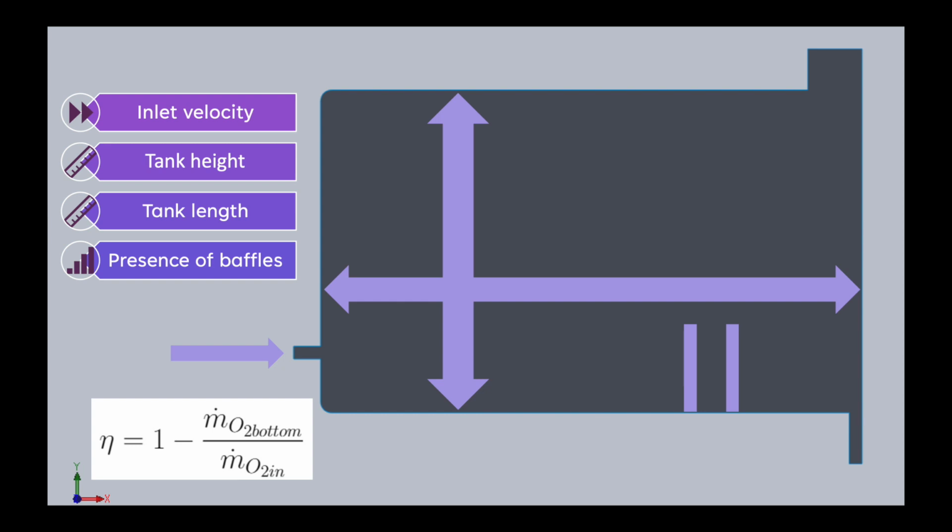This equation is applied to each experiment, which is how we generate our dataset of efficiency values versus various design parameters. Ultimately, our goal is to find an equation that has efficiency as a function of all of these metrics so that Nel can use it in designing their separators.